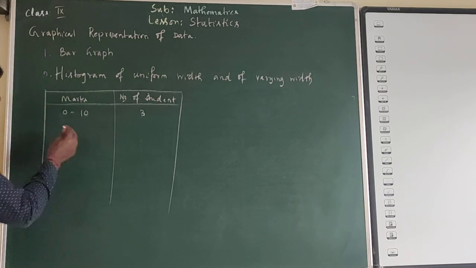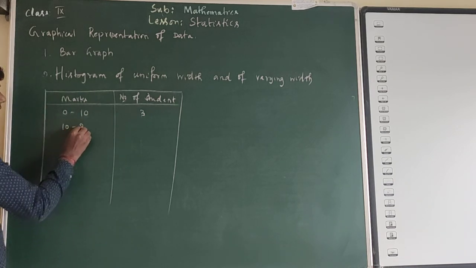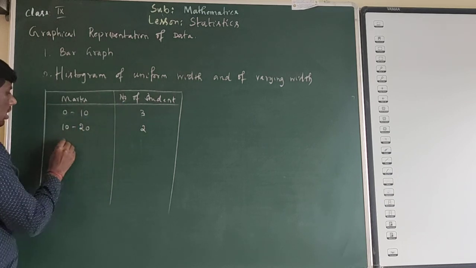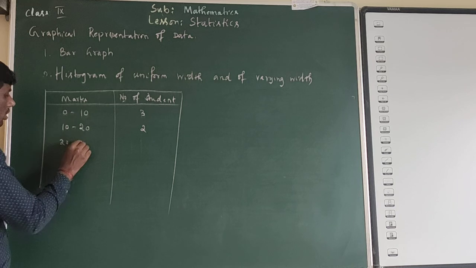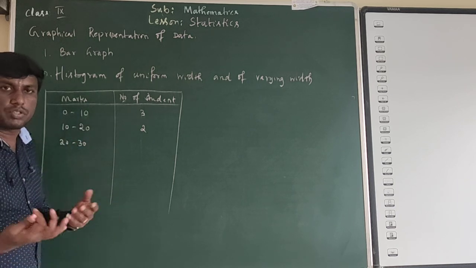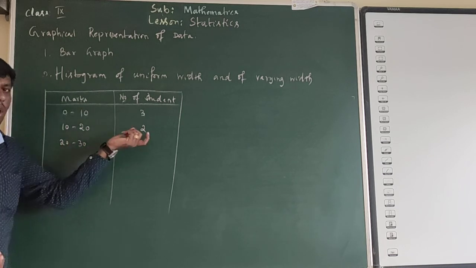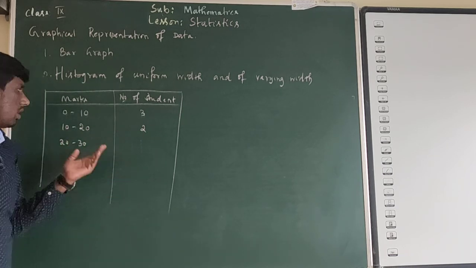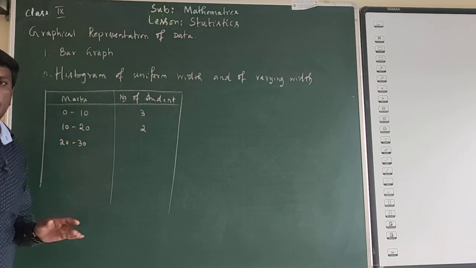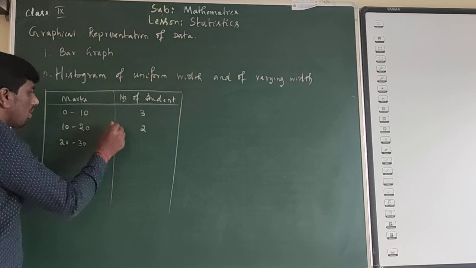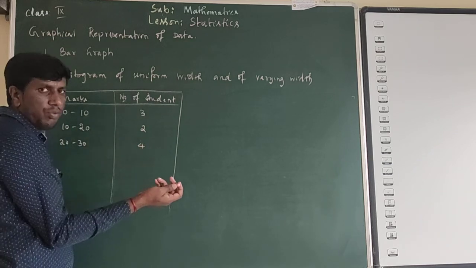Now 10 to 20 marks, again 2 children. 20 to 30 marks, I am taking very few of them, because 35 is the passing marks. So 20 to 30, let me take this 4.